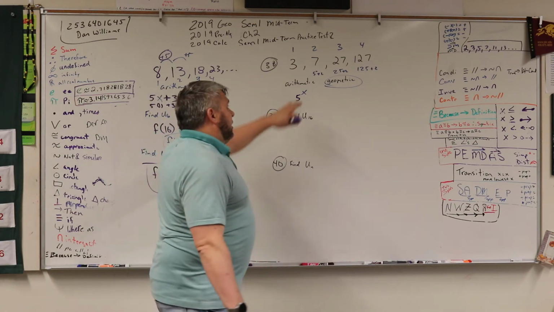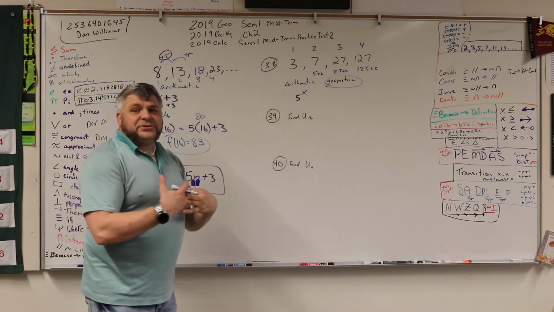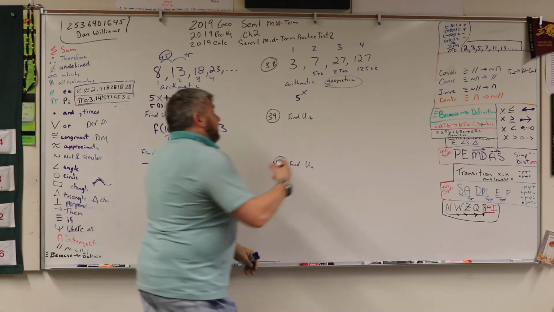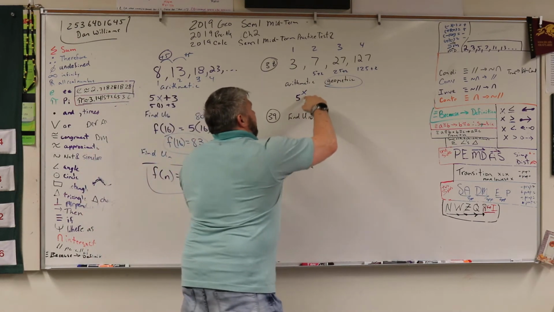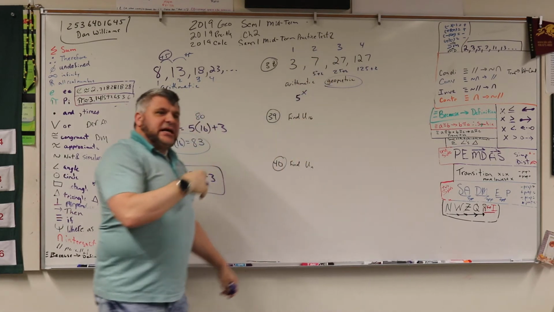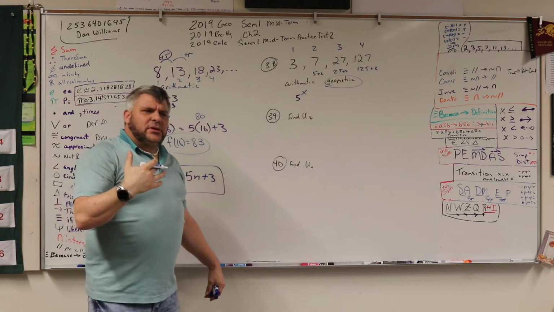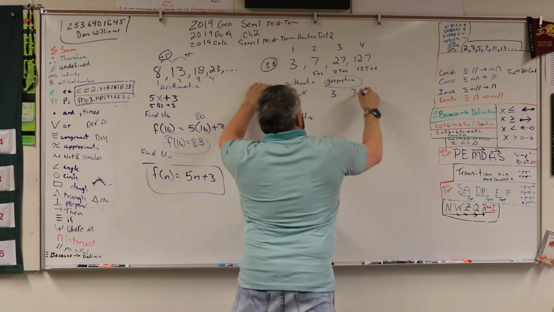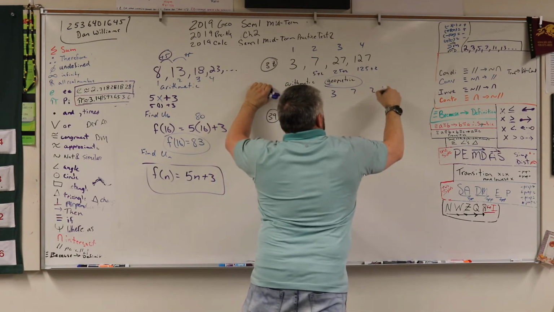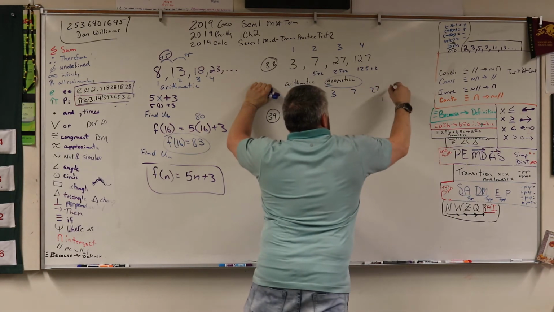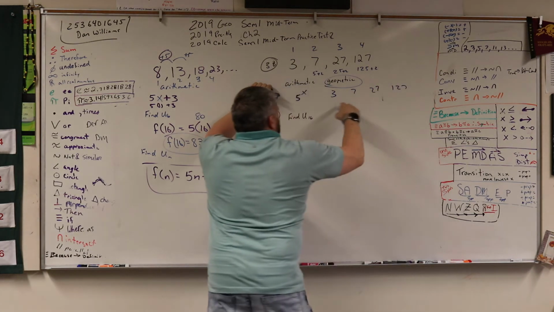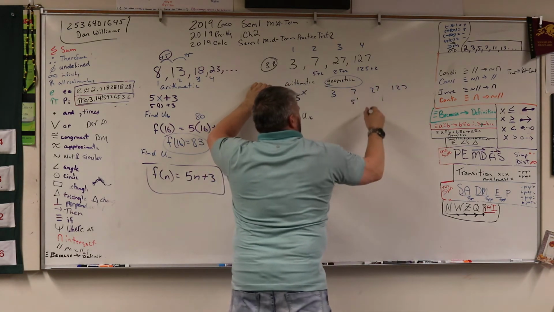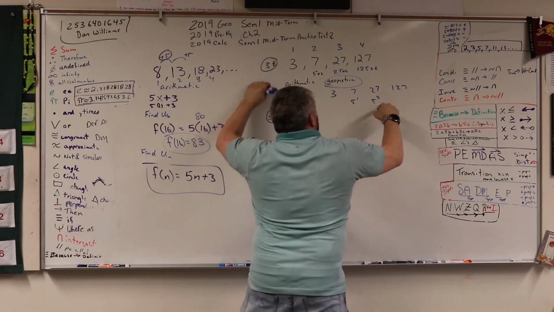Alright. So this one gets a little confusing. So you have 5 to what power? And in the second one, it's actually 5 to the 1. So when I'm looking at 3, 7, 27, 27, and 127, I'm seeing that here is 5 to the 1, 5 to the 2.